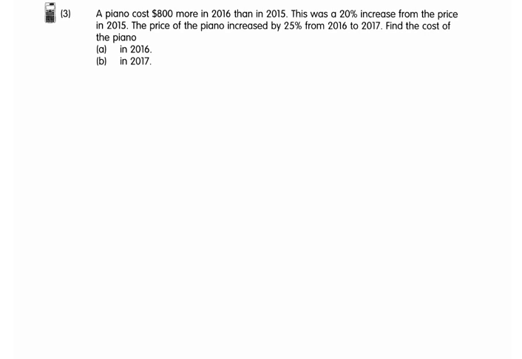Okay, so now we know that 2015 is actually 100 units, 100%. 2016, since there's a 20% increase from the price in 2015, how many units is that, Kaden? 120 units.